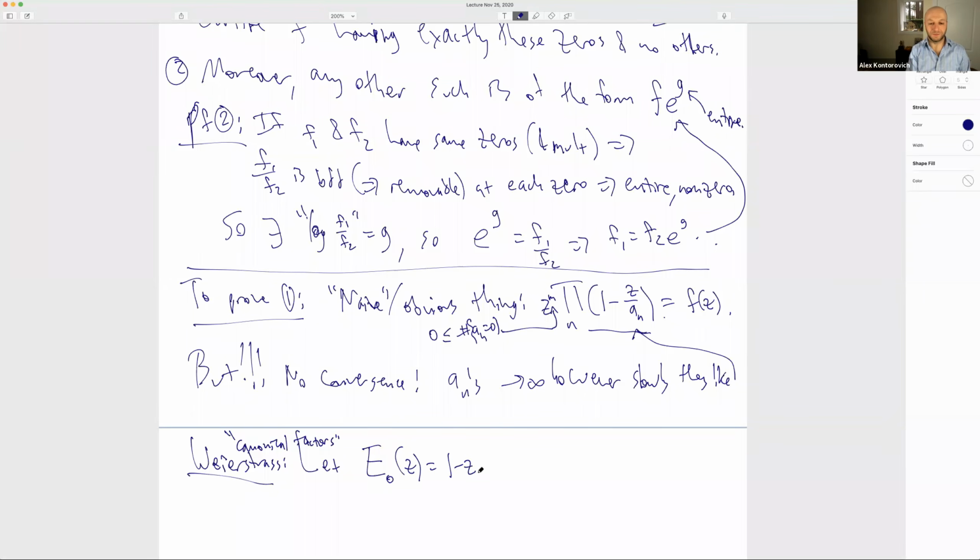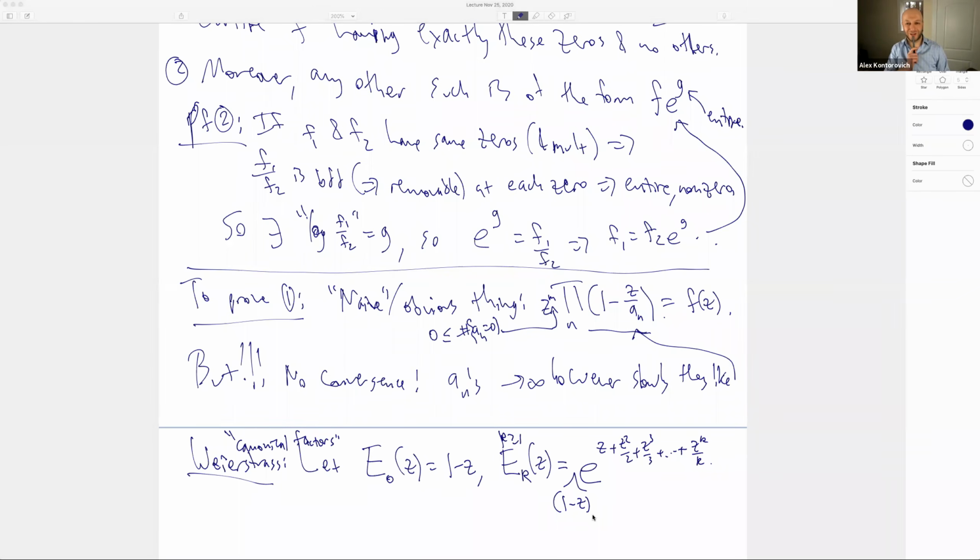And I'm going to set E_k of z, for k at least 1, to be e to the z plus z squared over 2 plus z cubed over 3 plus up to z to the k over k, times 1 minus z. I want that 1 minus z there.